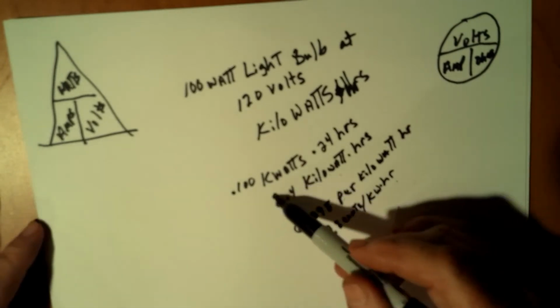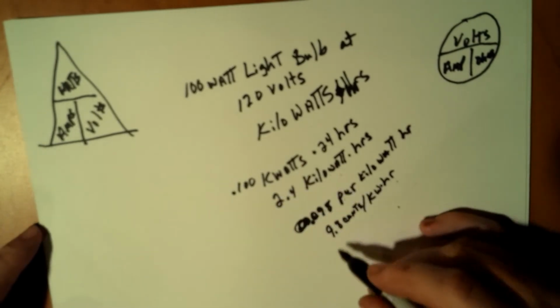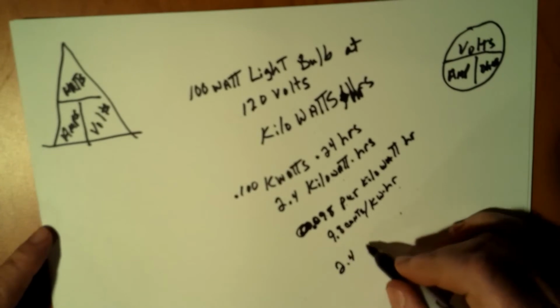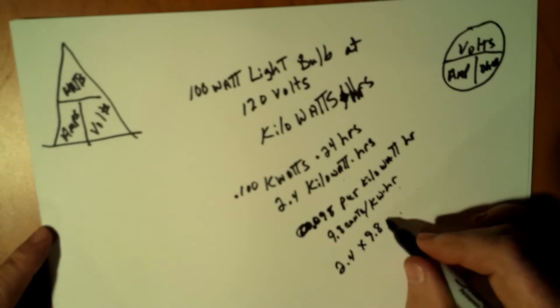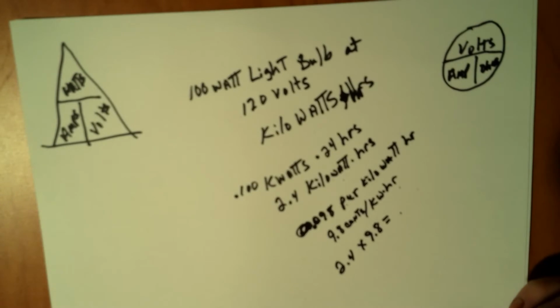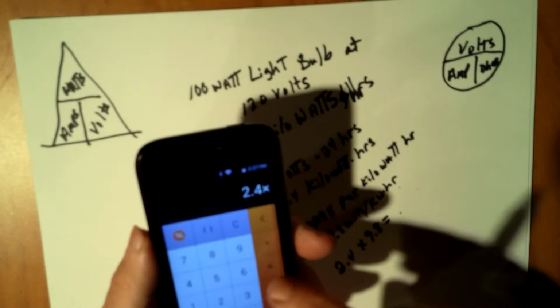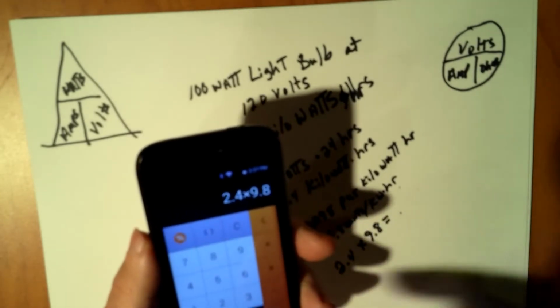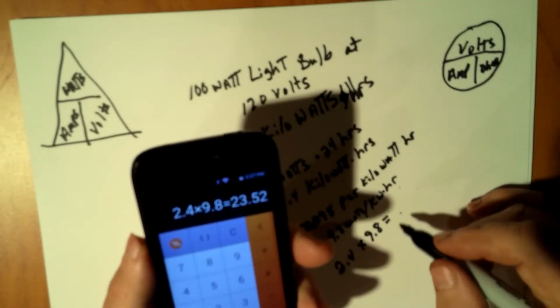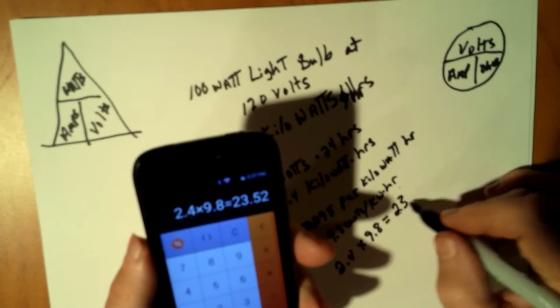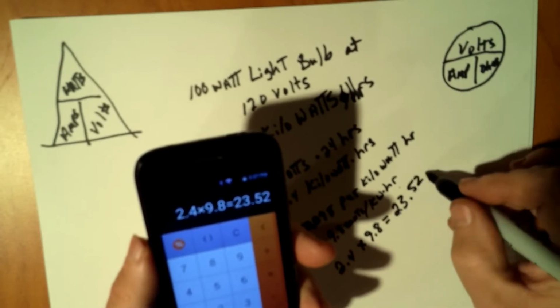Well, how many kilowatt hours did we have? We had 2.4, so it would be 2.4 times 9.8. Let me get out my calculator. 2.4 times 9.8 equals 23.52 cents.